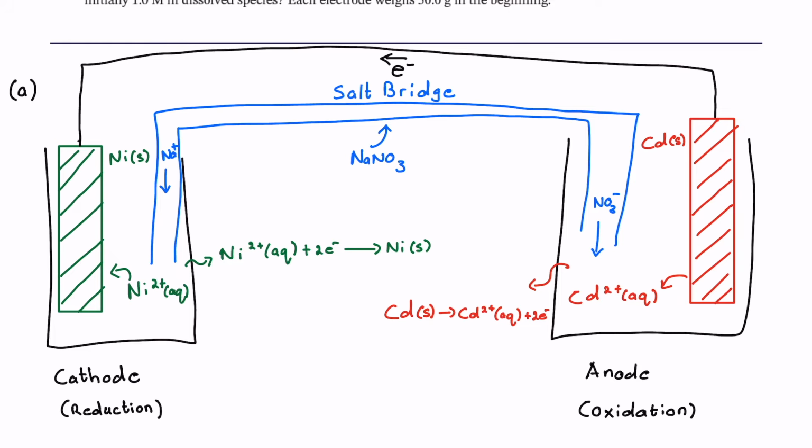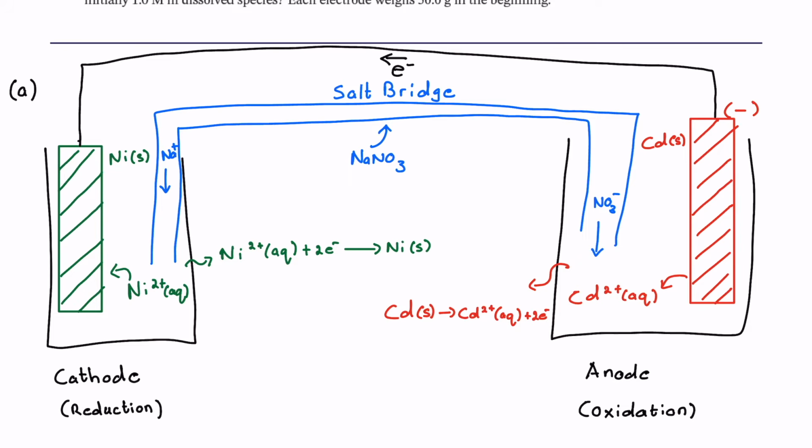Other notes that we can make for ourselves: we should remind ourselves what the polarities of these electrodes are. The place where the electrons are generated is of course the anode, and that means this electrode has a negative polarity, because it is where the electrons come from. It's the source of our electrons in the circuit.